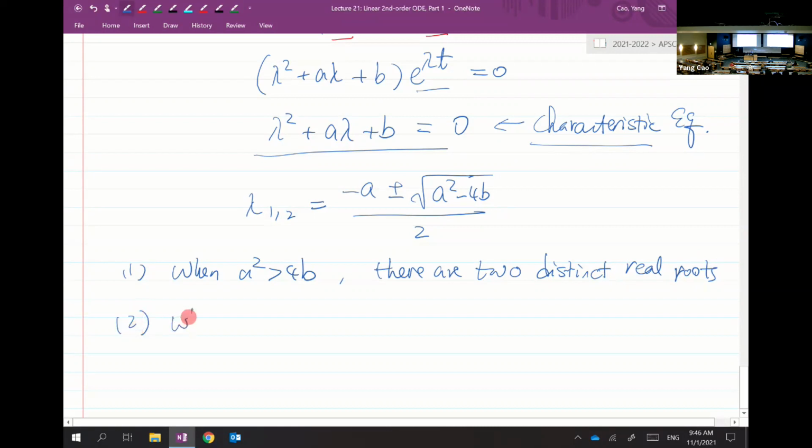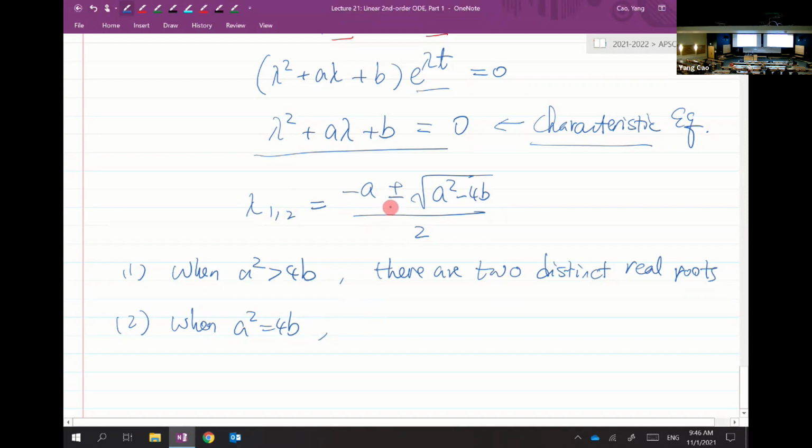And the second situation is when a squared equals 4b. Then this square root term is gone, and you can only get negative a over 2. Technically, when this happens, it looks like you only get one solution, right?